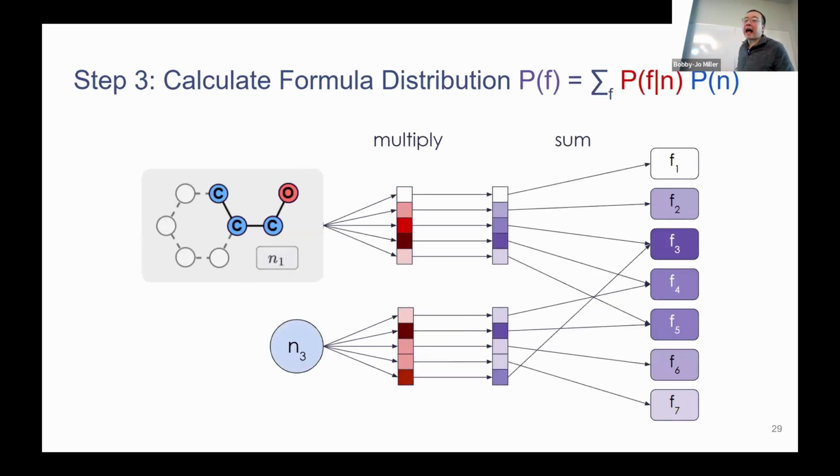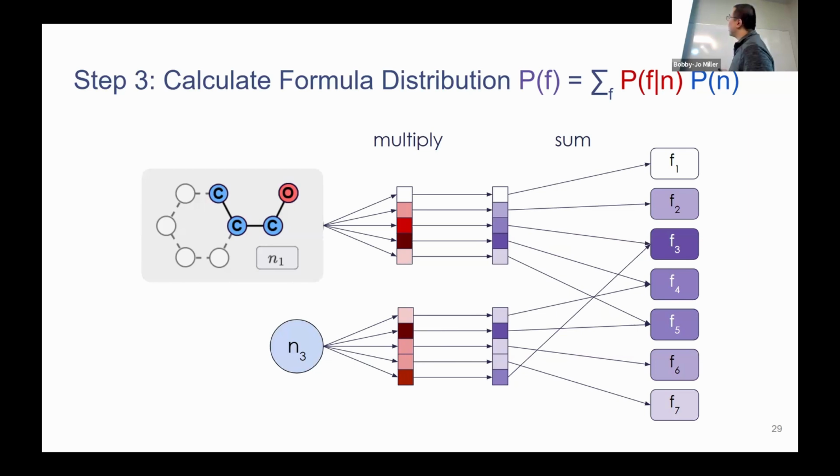Then to calculate the actual formula distributions from the beginning of everything, is essentially a summation of those conditional probabilities. For instance, at node 1, we can generate all 5 different formulas, and then each formula is going to point to one of those formulas on the right side.